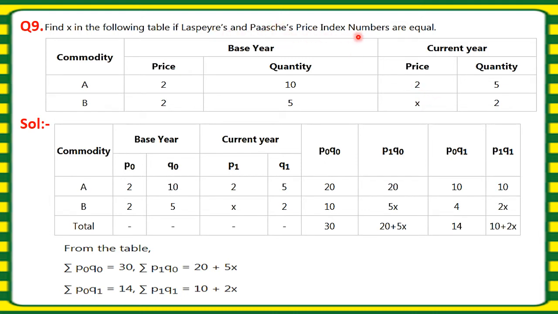And construct the table with the products P0 Q0, P1 Q0, P0 Q1, P1 Q1, and find the totals of sigma P1 Q0, sigma P1 Q1, sigma P0 Q0, sigma P0 Q1, that is the sum of these products.